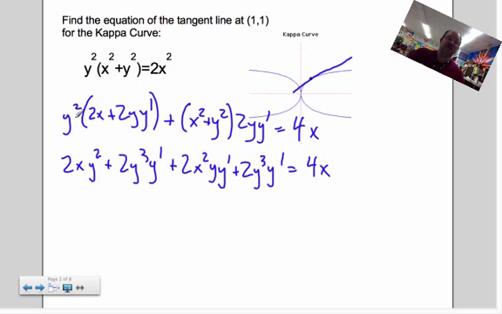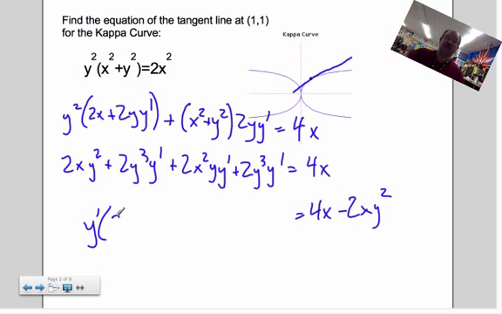Okay, and make sure that when you're doing the multiplication, you don't write this as y squared 2x or something like that because it just looks crazy. Put your coefficients out in the front, make it all nice as we go. Y prime terms together, not y prime terms together. I get 3 y prime terms, the other one. So on this side, I'm going to have 4x minus 2x y squared. I'm going to do a double move here, and I'm going to factor the y primed out at the same time.